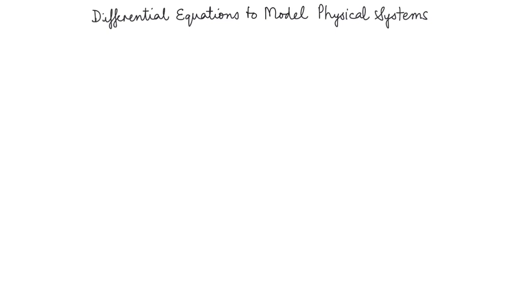Okay, so the first system that I want to look at is basically a spring mass damper system. Imagine that you have a wall here and there is a spring hanging from here, and at the end of the spring you have a mass attached, and the mass is m.